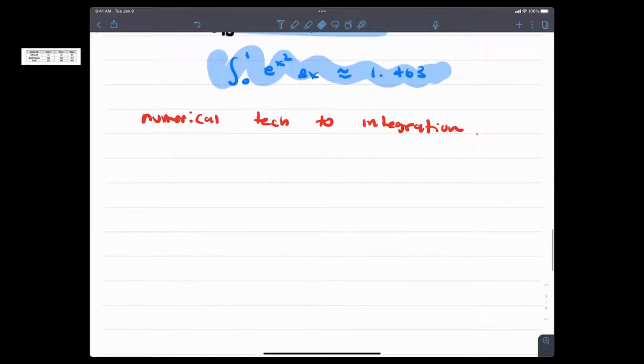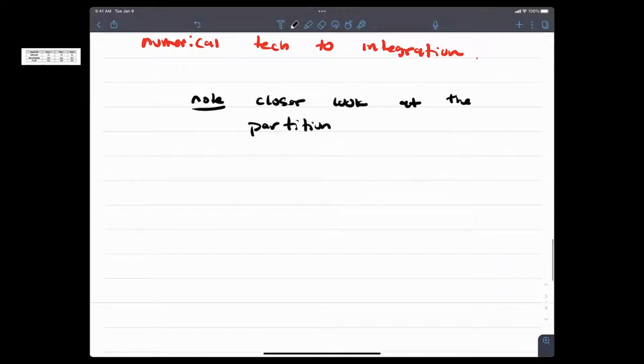Okay? Now, I want you guys to note one thing. Really, your work is going to be about the partition. So take a closer look at the partition. Let's say they have you integrate from, not 0 to 1, how about 1 to 4?